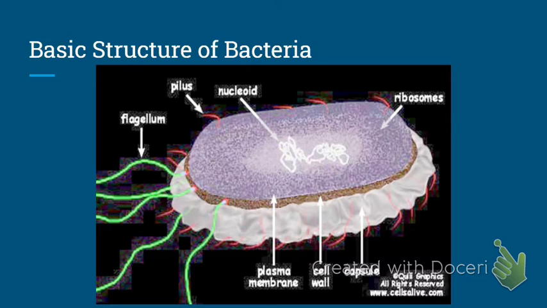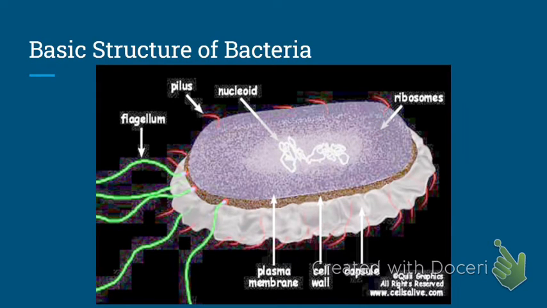So here's the basic structure of bacteria. You've drawn this before, so you don't necessarily have to draw it again, but I just want to point out a few little things here. All right, so we have the flagella that allow it to move. We have ribosomes right in here. There are ribosomes in all bacterial cells.